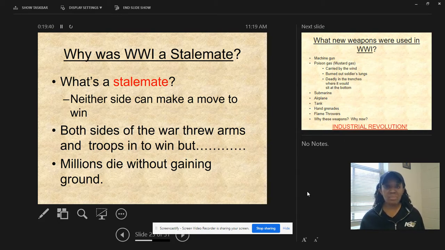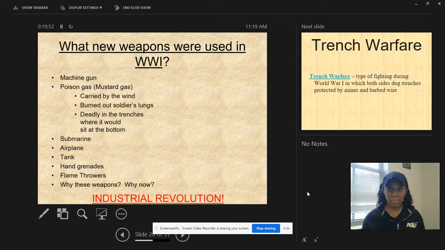So you have millions and millions of people dying, and so they feel like if I get a better weapon, then I'll have the advantage. And so then you have the introduction of all of these new weapons during World War One. You have the machine gun, you have poisonous gas, and the poisonous gas was carried by the wind.